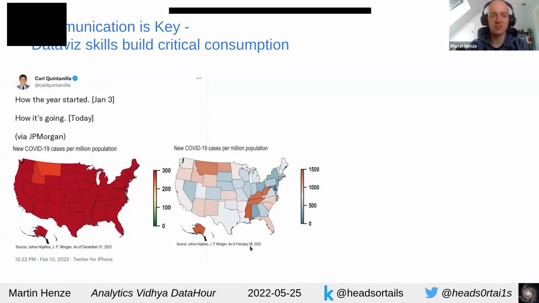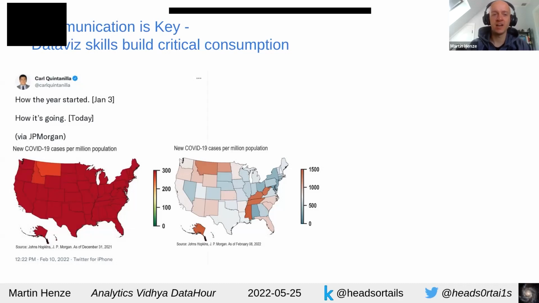And this person was obviously saying, well, in January, look, everything was red, everything was bad and dangerous, and now this new map doesn't look as bad anymore because there are some blue areas in there and it's not all this alarming shade of red. So things have clearly improved.